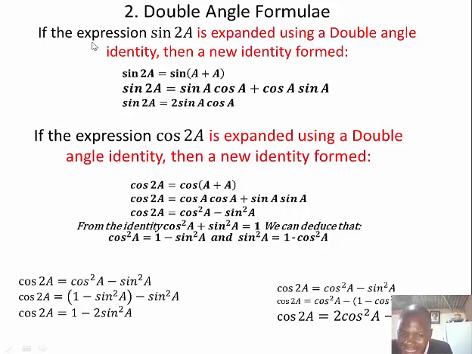So this is your other identity. So from all these identities, you have come up with 3 identities. The identities at the bottom, as you see them on the screen: cos 2a equals 1 minus 2 sine squared a, as well as cos 2a equals 2 cos squared a minus 1.